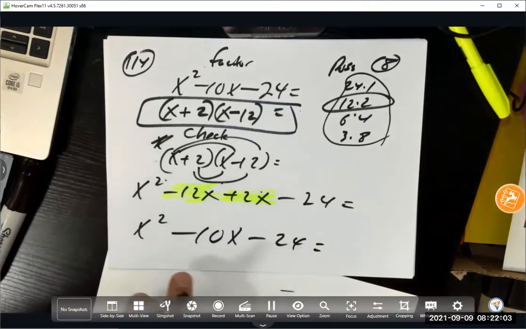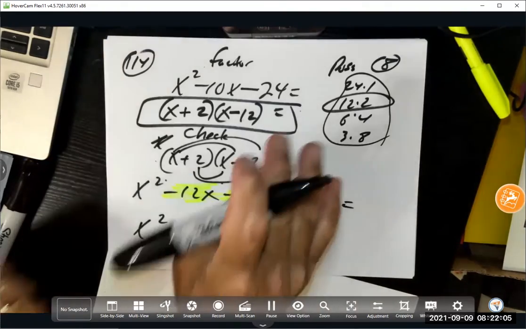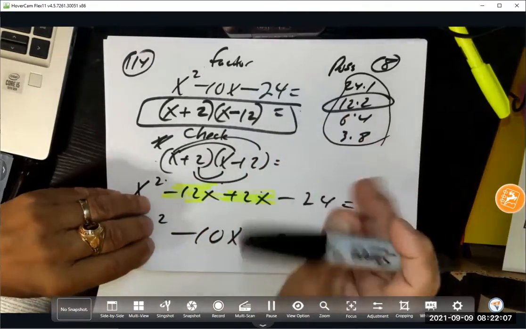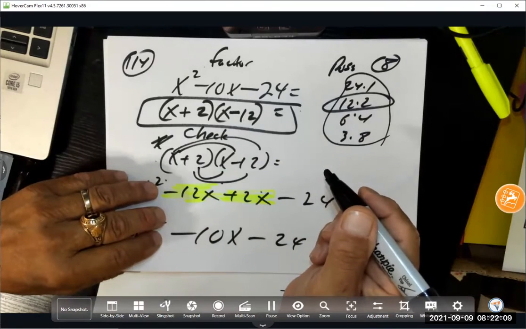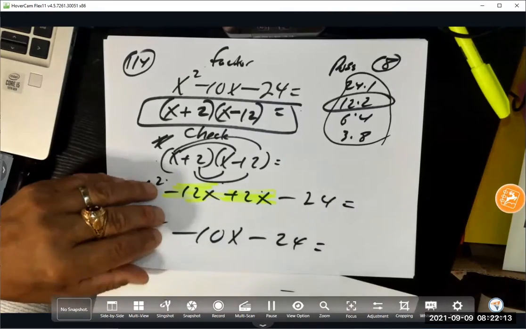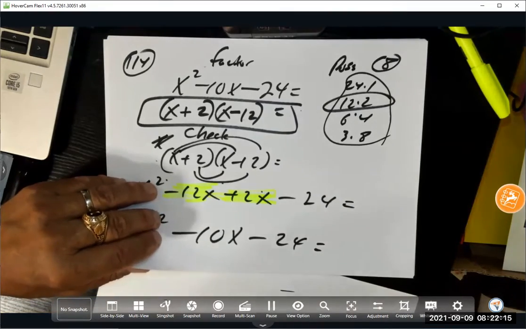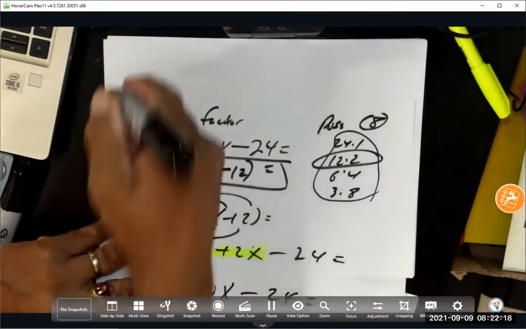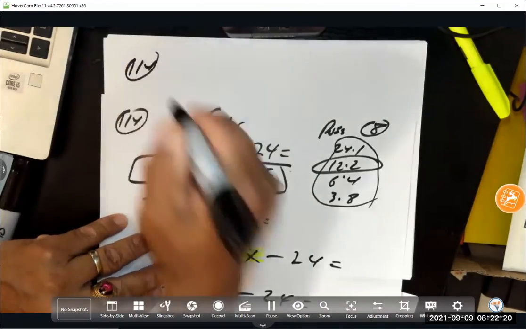All right. So now, oh yeah, that one and that one. Okay. Now, what if you have this one? Then let me just change it just a little bit.